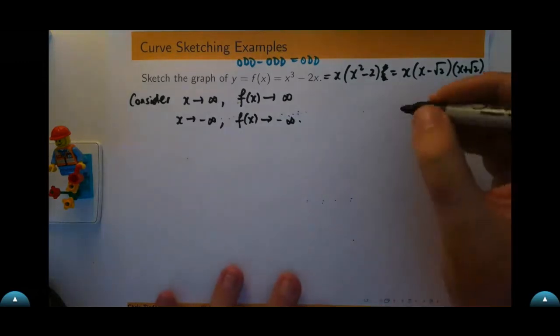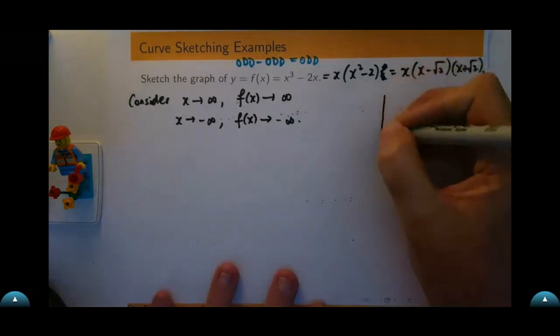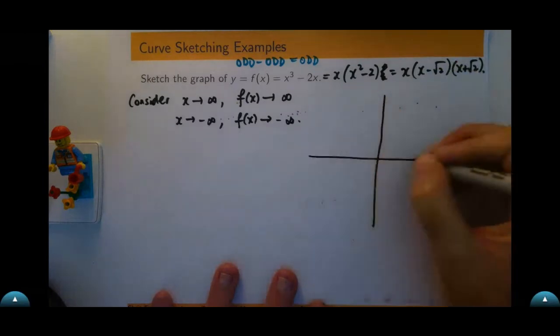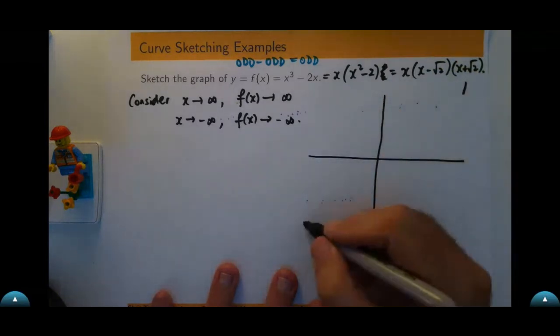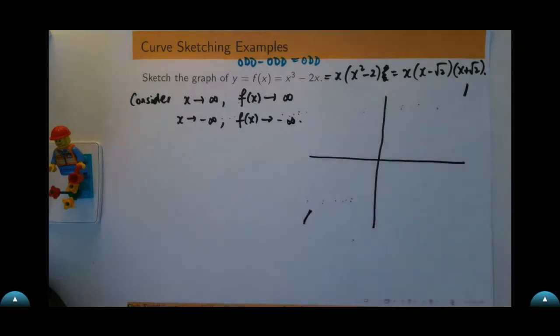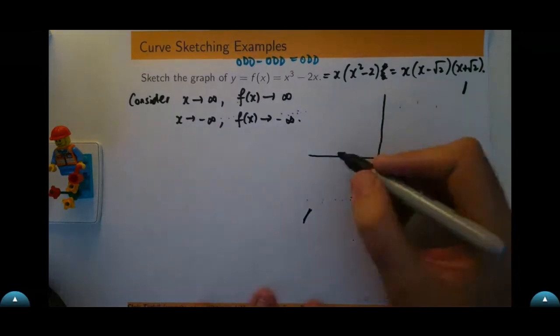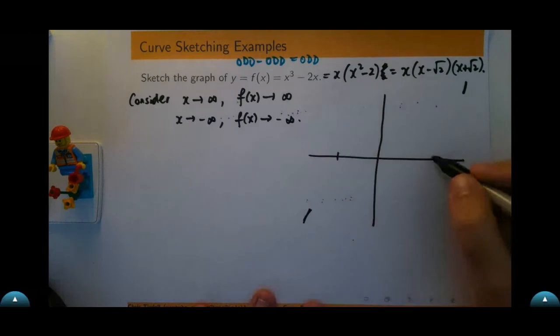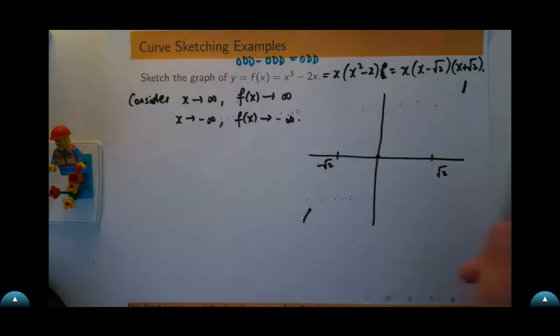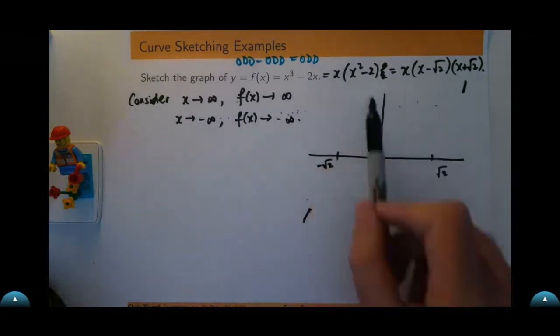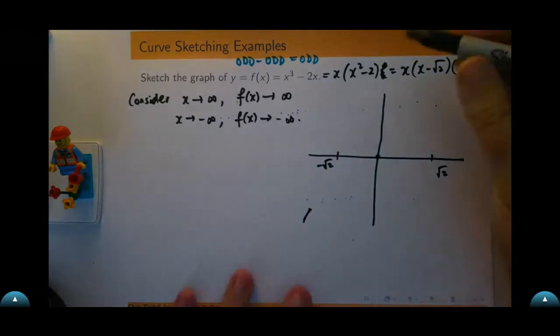All right, so let's start sketching our graph. I know it comes up there and there. It has intercepts at √2, negative √2 and 0, because when x equals 0, y will also equal 0.